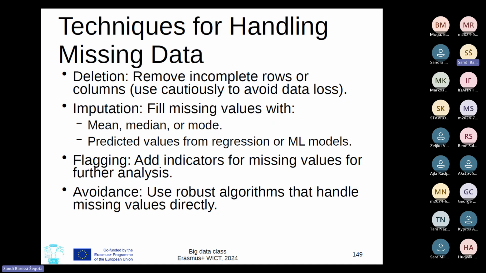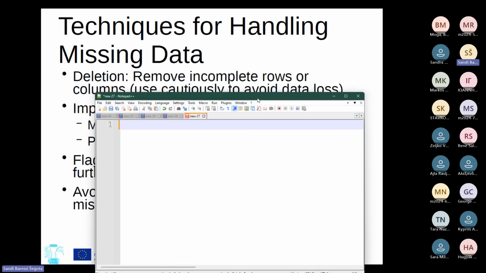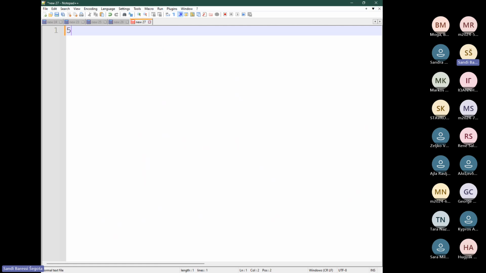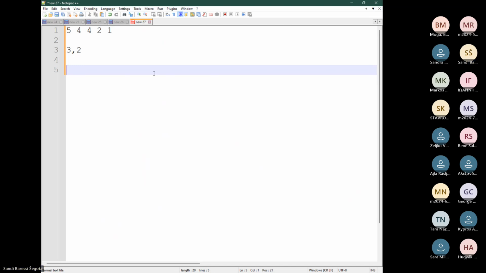Let me just illustrate it. My computer is acting super slow today for some reason. Okay, so if you have something like 5, 4, 4, 2, 1, the mean is going to be the sum of this, so 16 divided by 5, which is 3.2. For the median, you order it, it's already ordered, and pick the center.